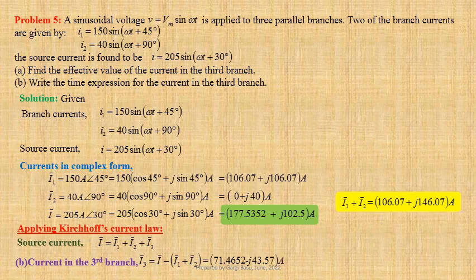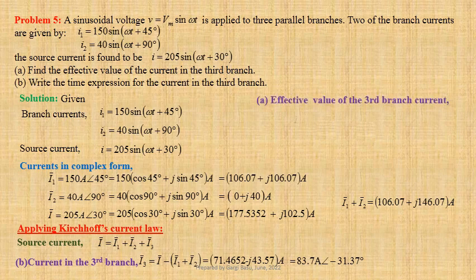This may be written in polar form as 83.7 ampere at an angle minus 31.37 degree. Now we shall calculate the effective value of the third branch current. IRMS3 equals Im3 by root 2, that is equal to 83.7 divided by root 2, that gives us 59.185 ampere.